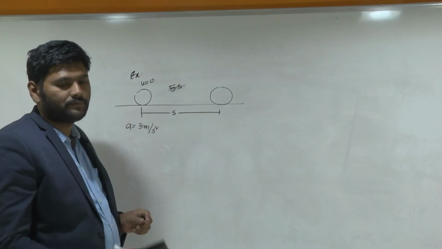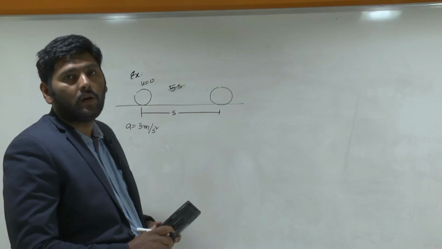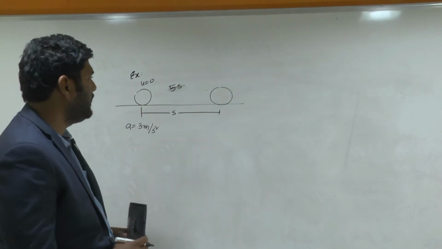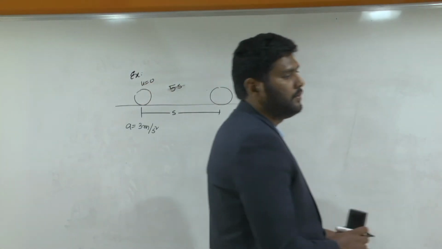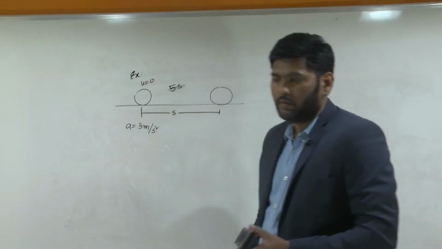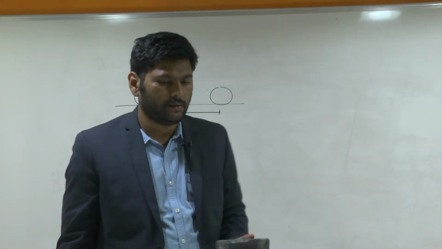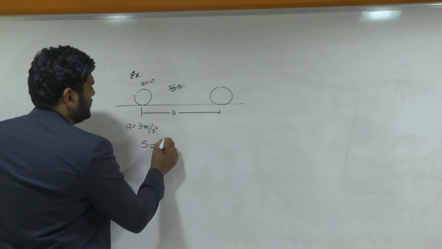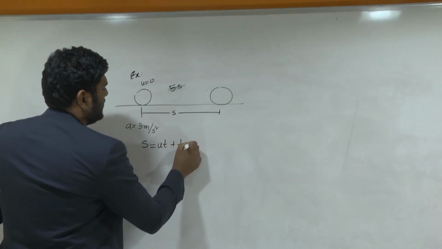Tell me now. What is the distance covered by the body? Here, what formula will you use? Very good. s is equal to ut plus half at square.